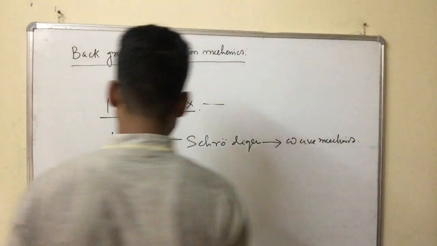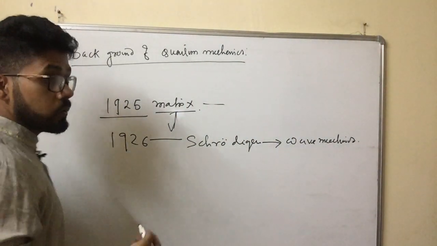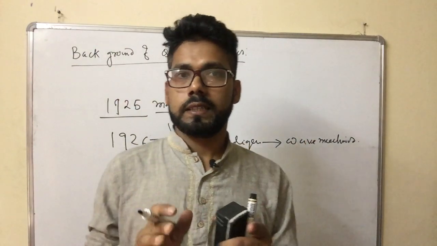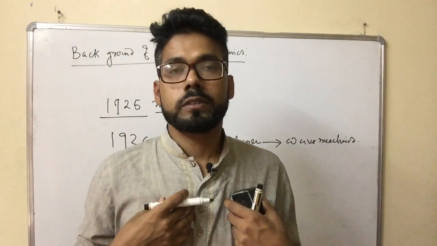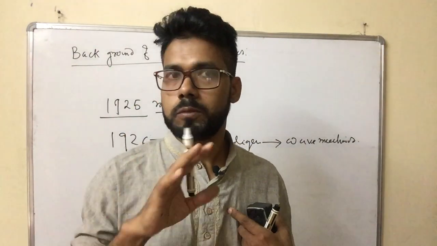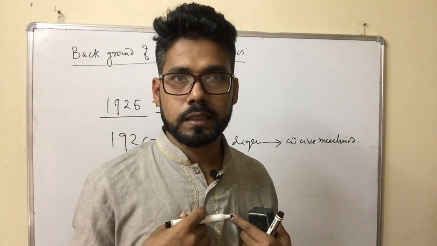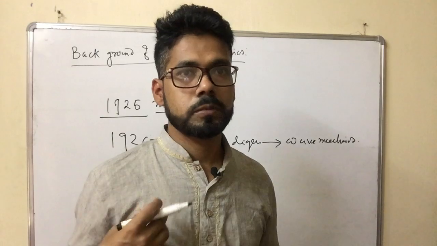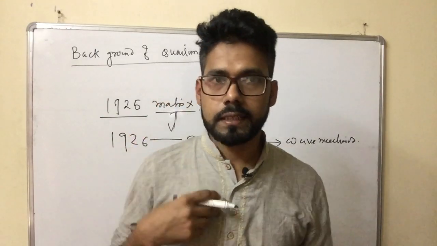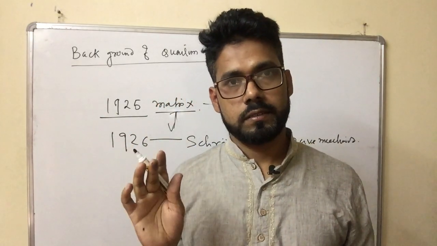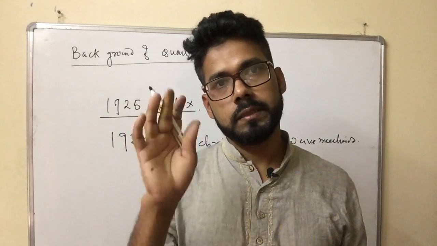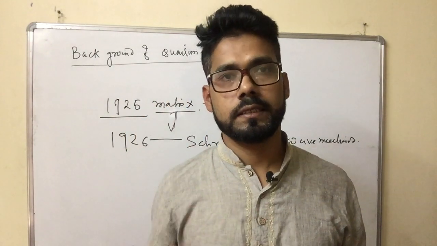But we know in Schrödinger or matrix mechanics, any particle, like me, you consider me as a particle, but in quantum mechanics this particle is not specified by name, Anil Hazarika. This particle, myself, is considered as a wave function. Any particle is represented by a wave function in quantum mechanics.